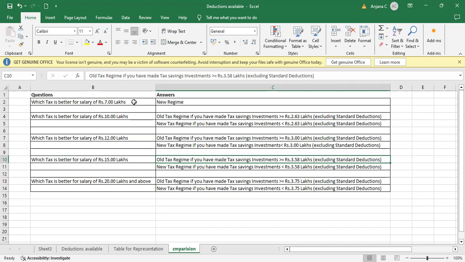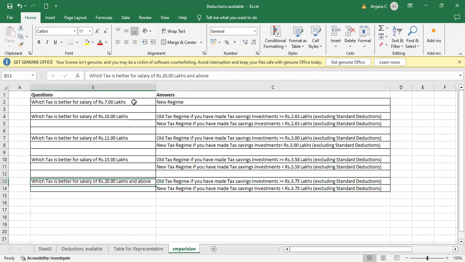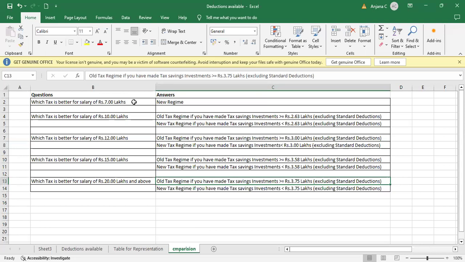If it is less than 3.58 lakhs, please choose the new tax regime. Similarly, for salary levels of 20 lakhs and above, if the tax saving investments are greater than or equal to 3.75 lakhs, then the old tax regime is beneficial. Else, the new tax regime would be more beneficial to the employee.